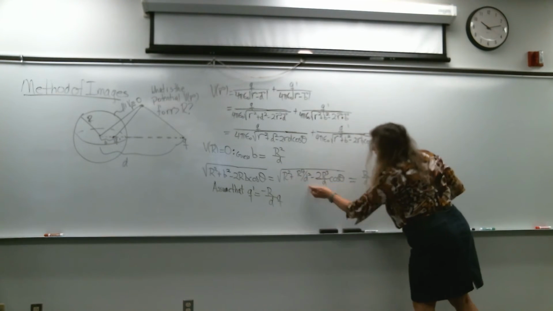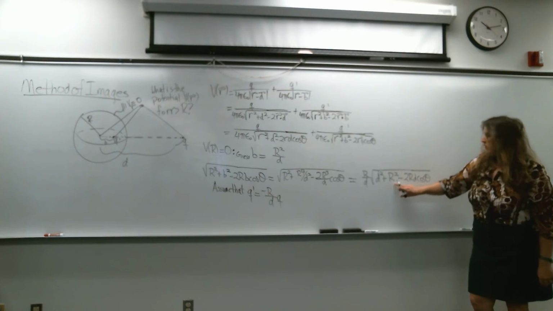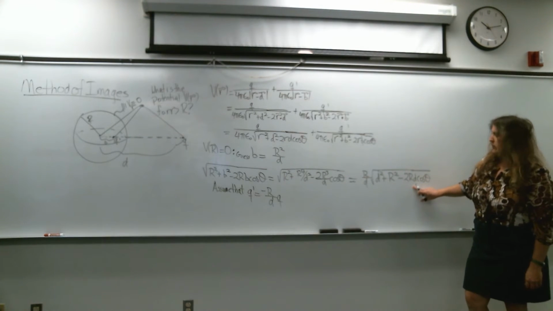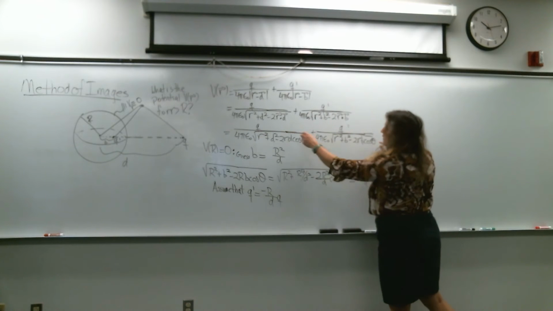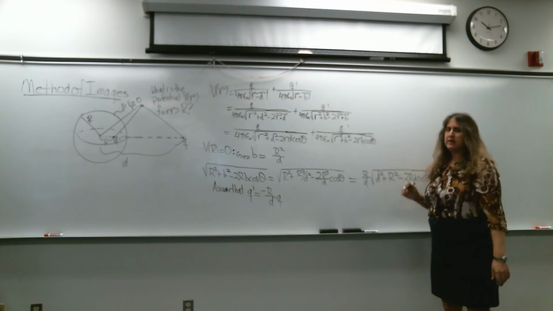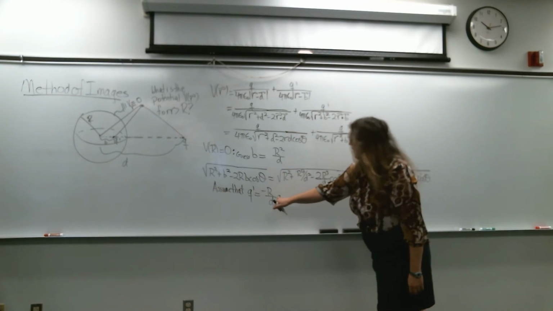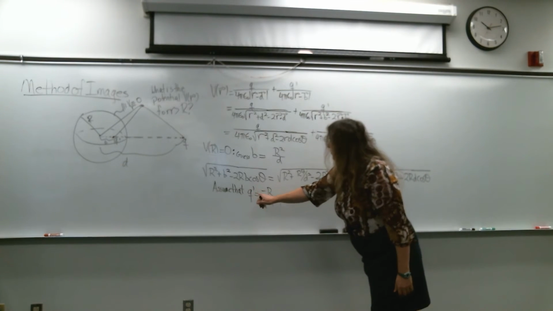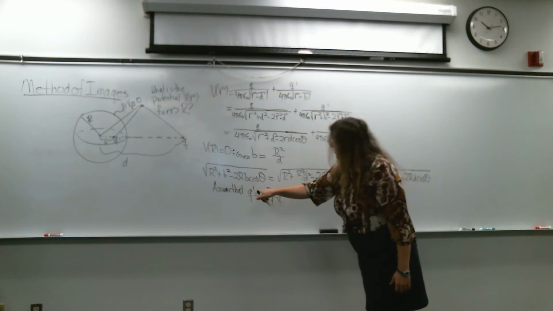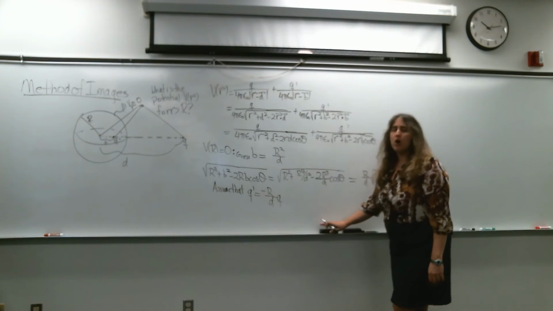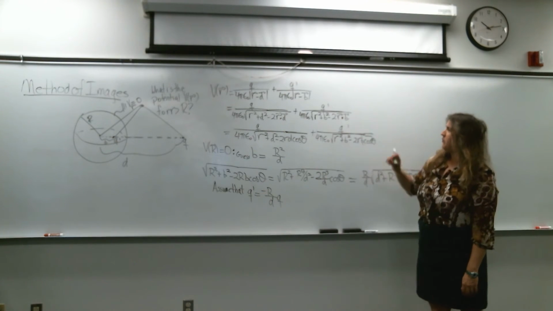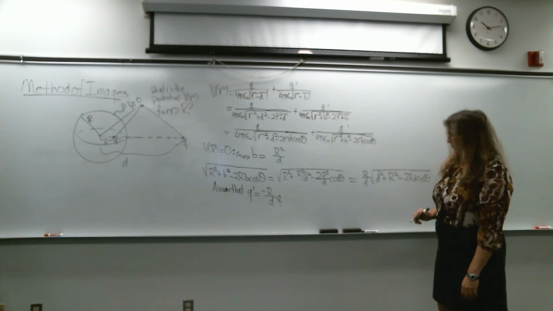So I pull it out of each of these terms, and I wind up with d squared plus R squared minus 2Rd cosine theta. So this term now is proportional to this term, which is what I needed in order for this to vanish. Therefore, if I set q prime equal to minus R over d times q, then this vanishes at the surface of the sphere.